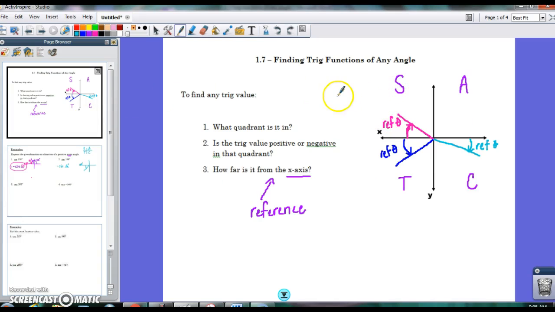So that angle always comes out positive. Okay, and in the fourth quadrant, you would do 360 minus theta. So that's how you go about finding those reference angles.